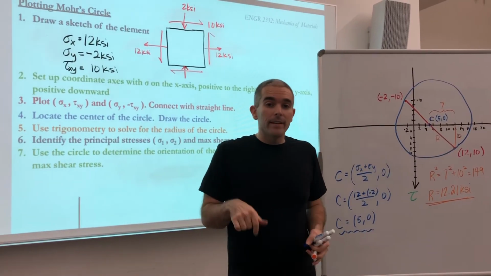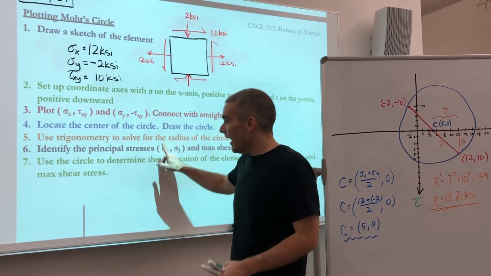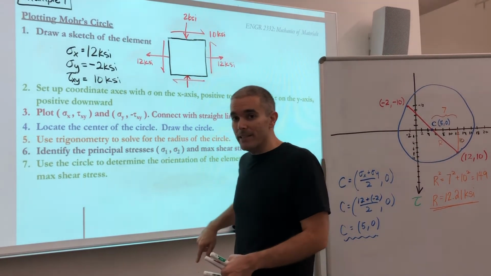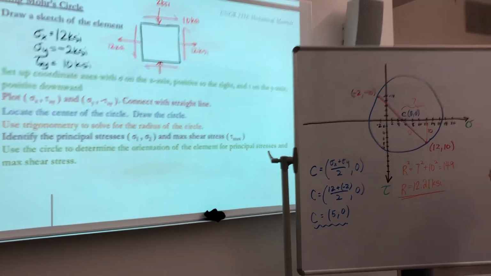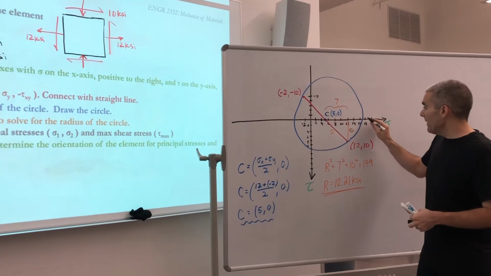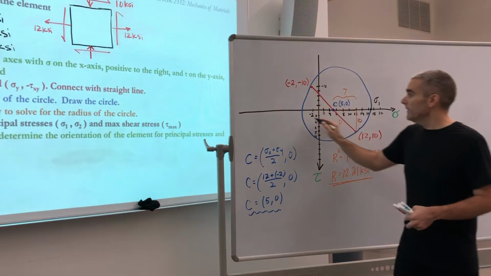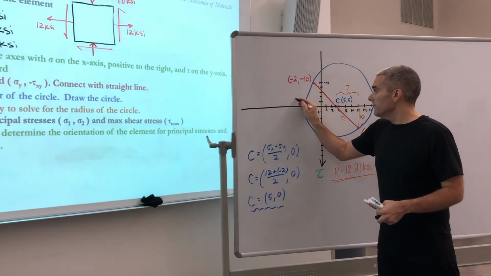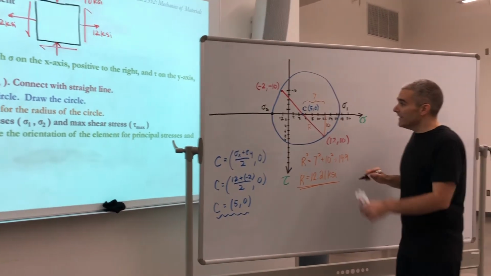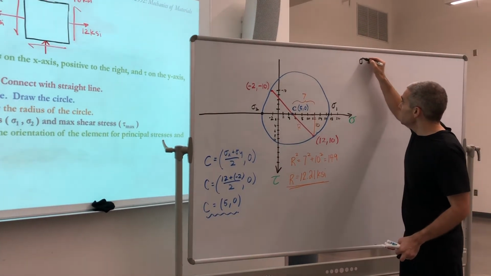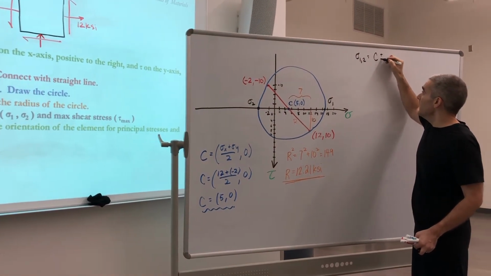That's step 5, which is a little bit easier to see when we have real numbers. Step 6, we want to identify the principal stresses and the max shear stress. Looking at my circle, I see that my principal stresses look like they're about here. I'll call this sigma 1 and this value sigma 2. Remember, sigma 1 and sigma 2 are equal to the center plus or minus the radius.